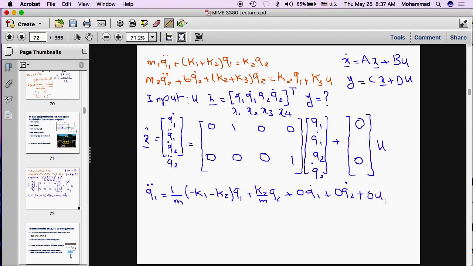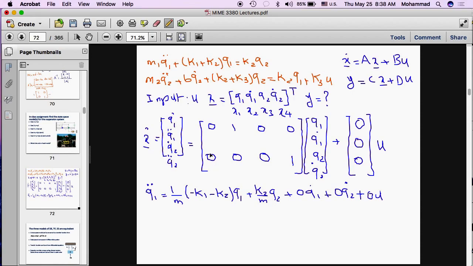Okay, so now we have everything that we need to go and complete the second row of matrix A and the second row of matrix B. So let's start with B because it has only one element. What should go as the second element of matrix B? In the second row, we're telling this story, what Q1 double dot is. So what should be multiplied by U? 0, which comes right from here, the last element of the equation we found. Okay, so what is multiplied by the first element of X, which is Q1?